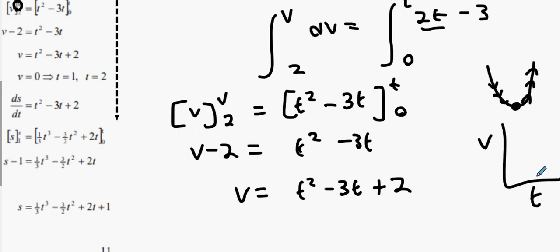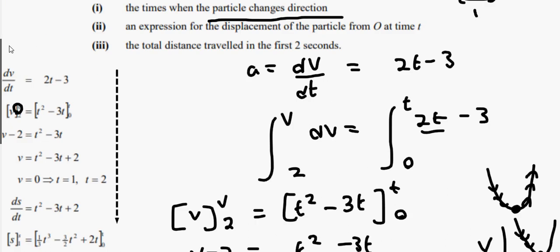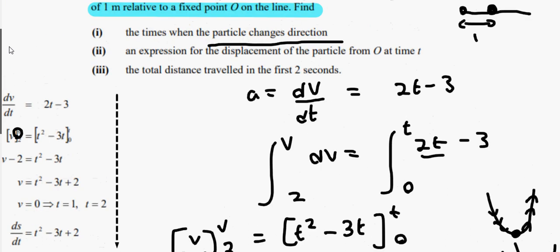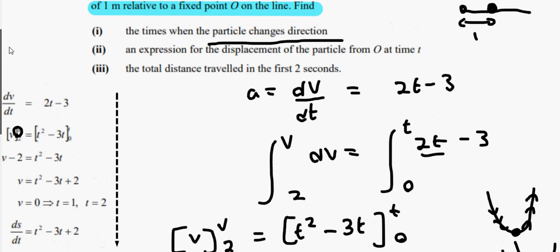It doesn't necessarily mean it goes negative. It means you decelerate, but it could all still be positive, couldn't it? Do you get what I'm saying? If it was a graph like this, all the velocities are positive, it's just that the velocity decreases and then increases. It's a different story if it goes negative and back up again. So what exactly is it looking for here? Changes direction, doesn't it? Alright, interesting.